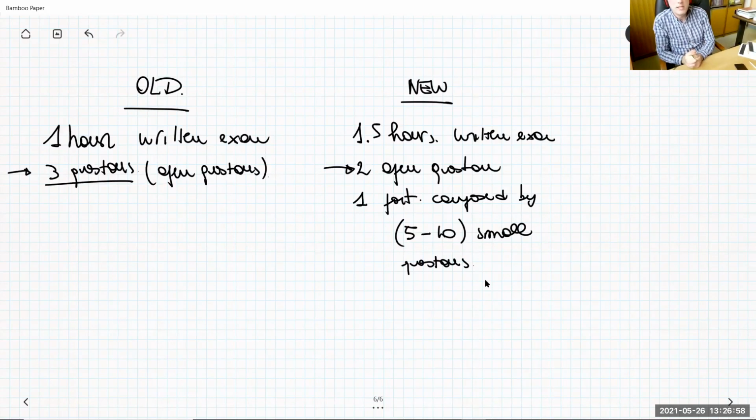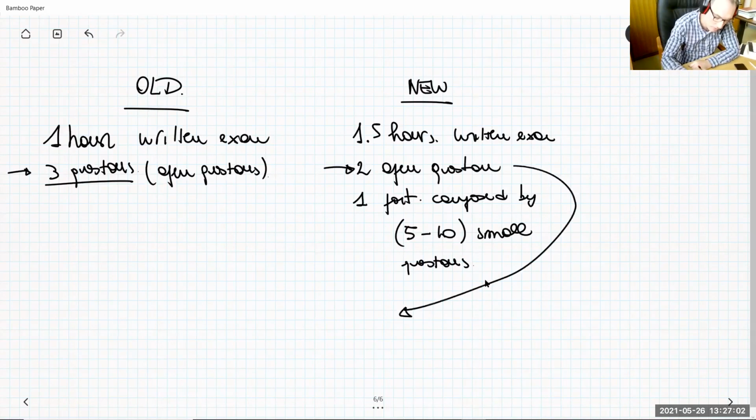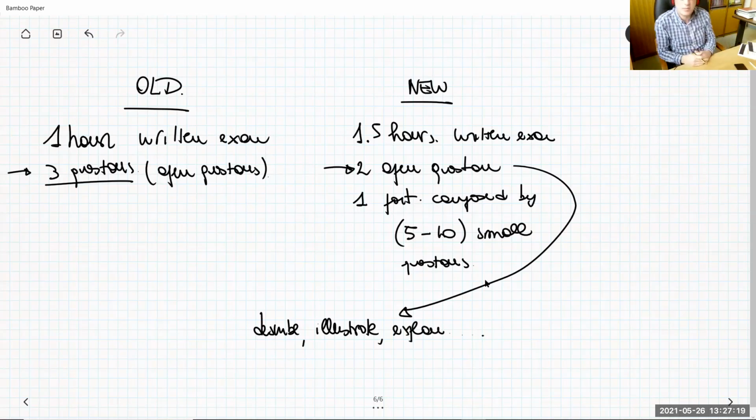Open questions mean something that starts with the words describe, illustrate, explain something. Okay, illustrate, I don't know, bipolar pulse width modulation for one-phase inverters.